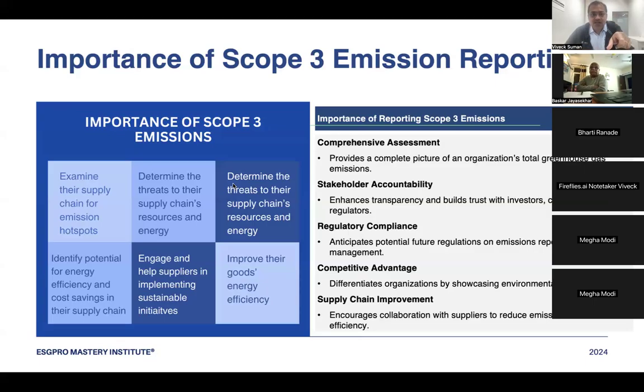Then, of course, it also helps in engaging and helping the supplier to implement sustainable initiatives and improve their goods and energy efficiency, right? And this also helps in your proper reporting. So it gives you comprehensiveness in assessment. Stakeholder accountability gets established because supply chain providers are your stakeholders as well. Then comes regulatory compliance, where they will be very conscious about your total emissions, and competitive advantage.